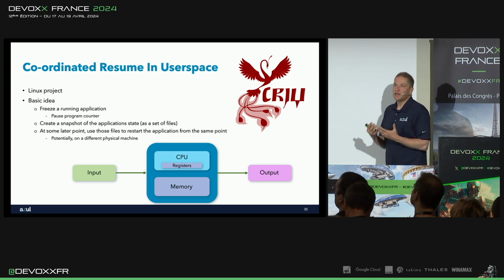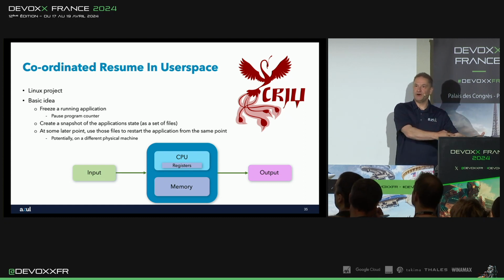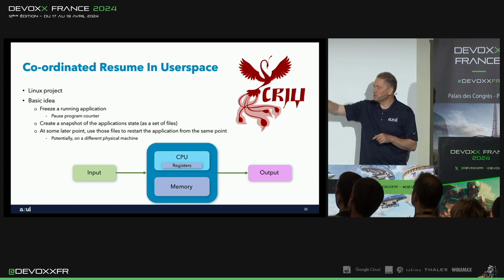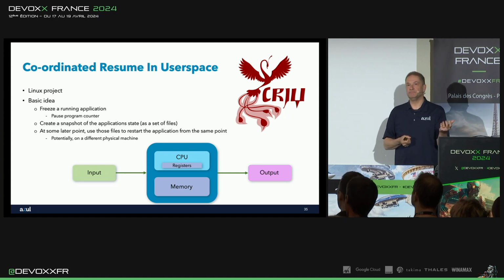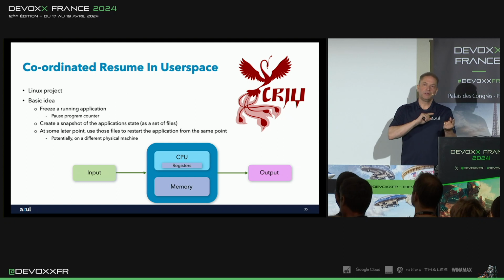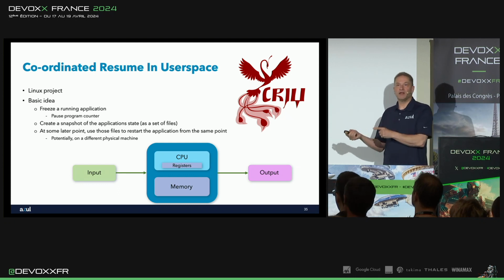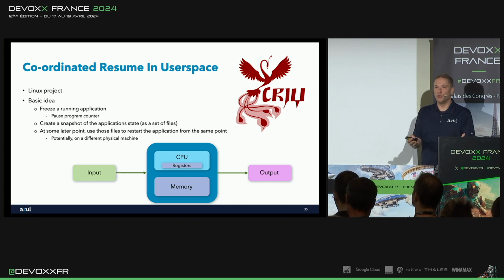Essentially it stores all of the state of a running application in a set of user files. You can think of it very much like time sharing in an operating system, which is why I put the diagram at the bottom there. Time sharing switches very quickly between processes to give the illusion that things are running in parallel. It always used to be the case when we only had one processor and one core.